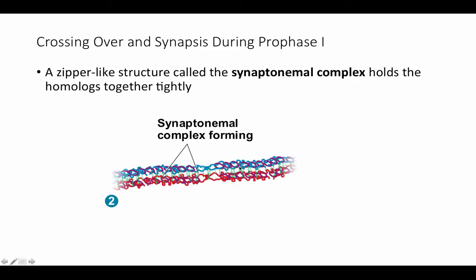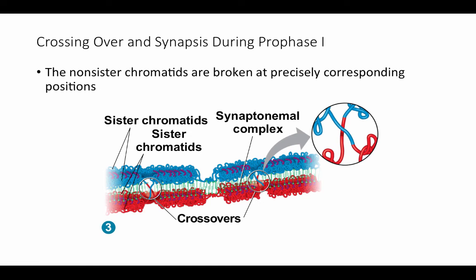So between these 2 homologous chromosomes, a structure forms called the synaptonemal complex that holds the 2 homologous chromosomes together. So these are going to be lined up gene for gene in a very precise way using this synaptonemal complex. So what happens is the non-sister chromatids of these homologous chromosomes, the DNA is going to break at precisely corresponding positions.